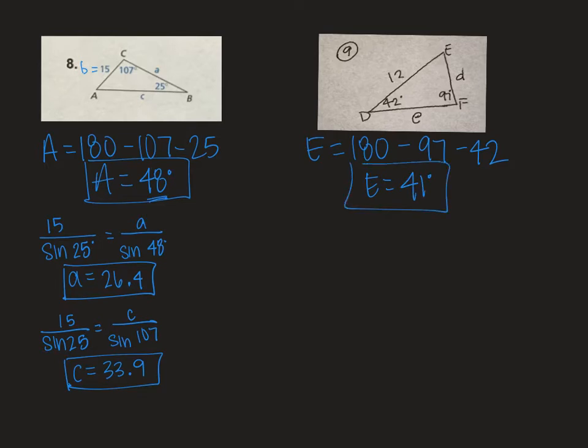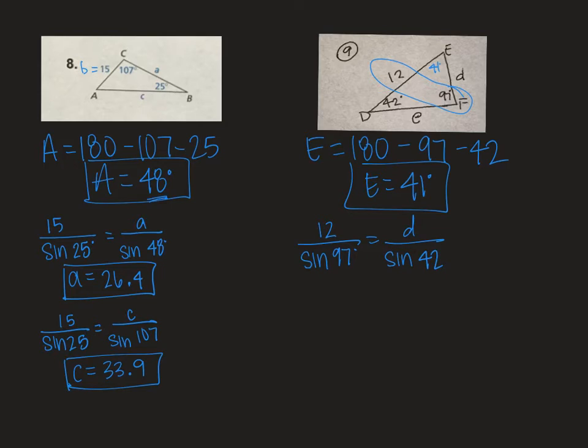And then I'm just going to use that information to find all of my sides that I need. So I'm going to start with what I was given, which was side F and angle F. So 12 over the sine of 97 degrees is going to equal side D over the sine of angle D, which is 42.